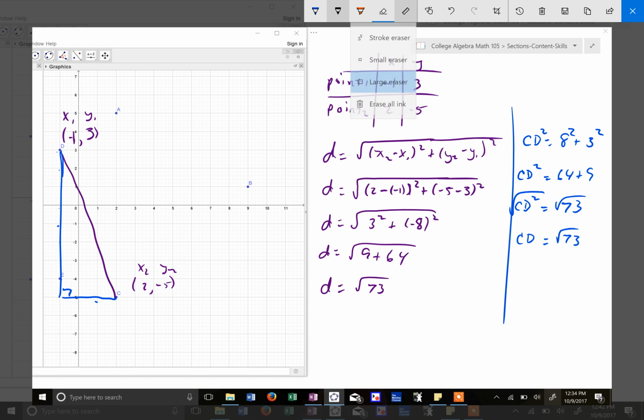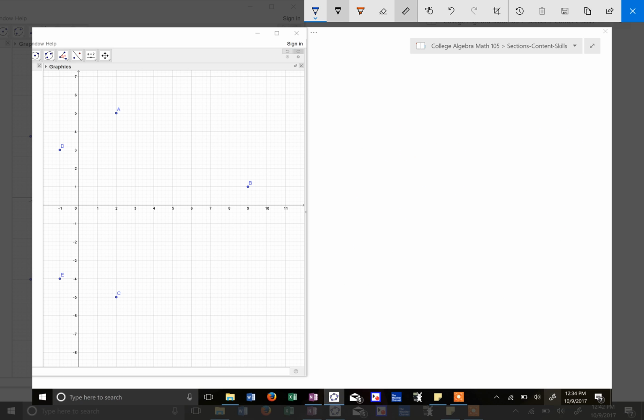So now, your question should be, why on earth would I ever use the distance formula if I don't have to? And the reason why is this. If I had something like, let's see, 1.4 and 0.2, so that's 1.4, 0.2, and then I had -0.8 comma 2.2.